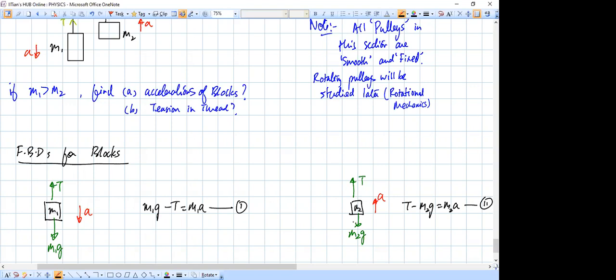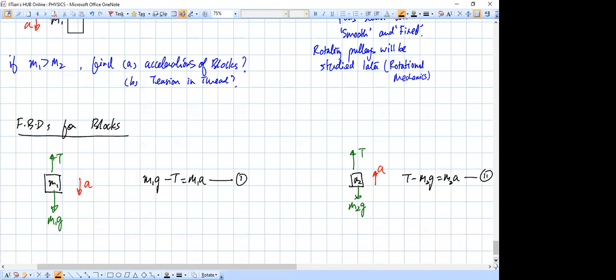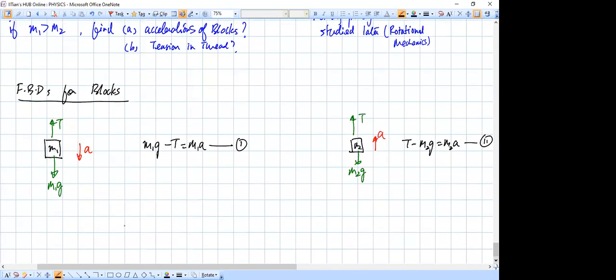Yes, so just add the two equations and you will get acceleration, and then substitute the value of acceleration. So equation 1 and equation 2.